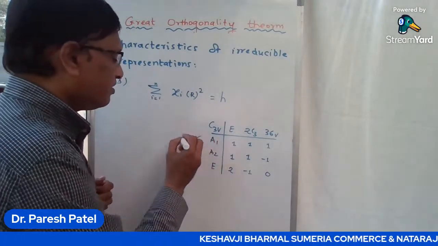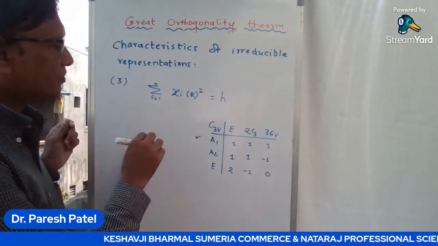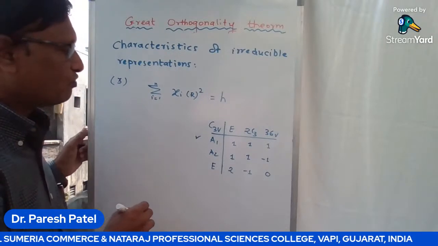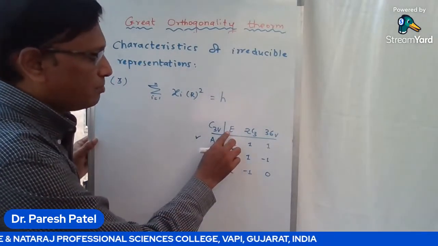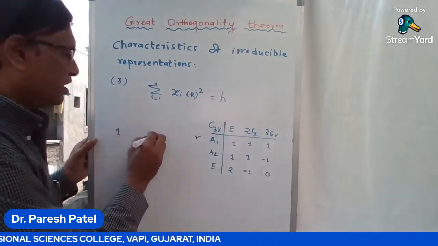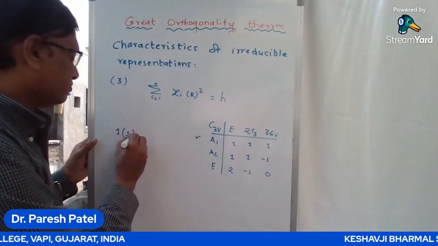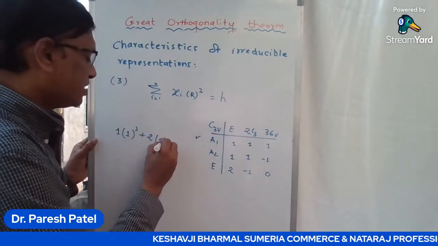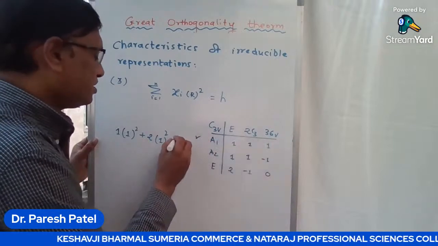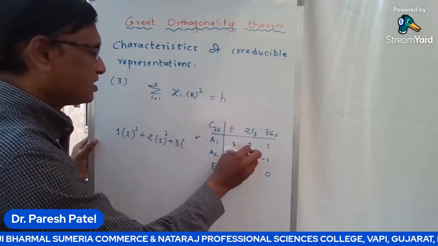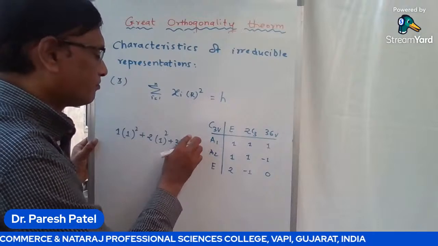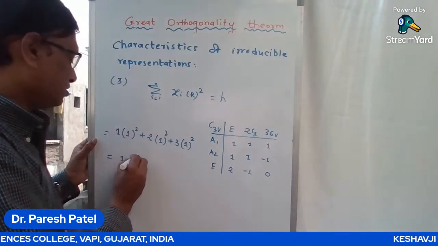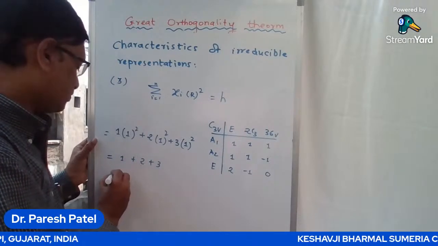If we take the A1 irreducible representation, according to characteristic number 3, the sum of the square of the character is equal to the order of a group. It means here the number of symmetry operations is 1 and the square of that character is 1 squared, plus 2 is the number of that symmetry operation with 1 as the character of that representation, plus 3 is the number of that symmetry operation with 1, equal to 1 plus 2 plus 3, which is 6.